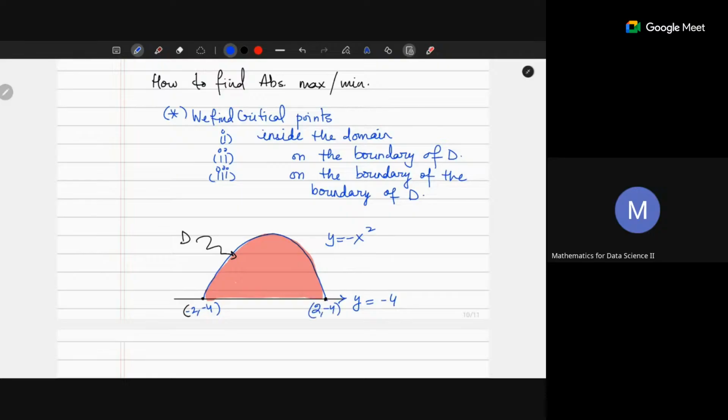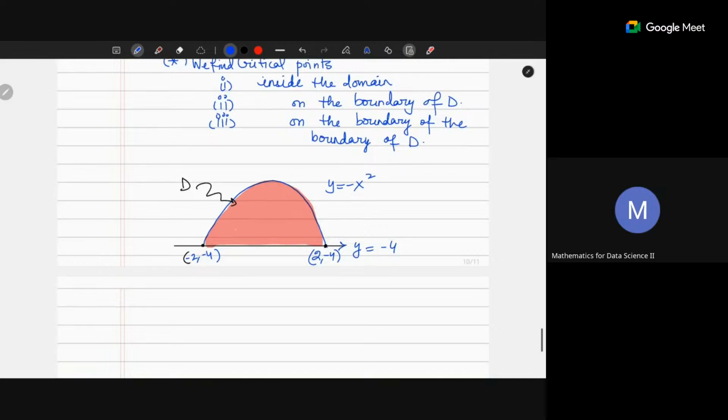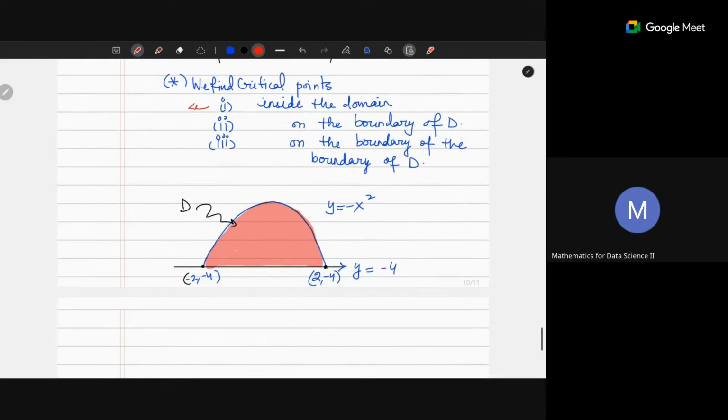So we will find critical points inside D, that's the first thing. On the boundary, that is y equal to x square union with y equal to -4. And the boundary of the boundary is going to be these two points, plus minus 2, -4.